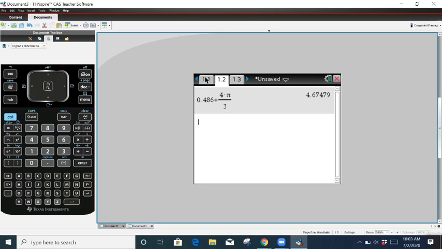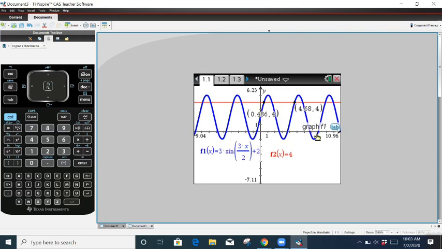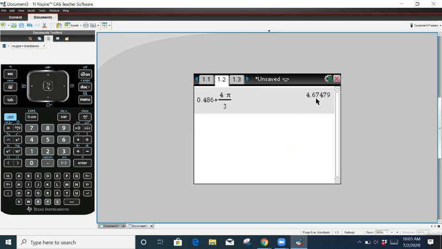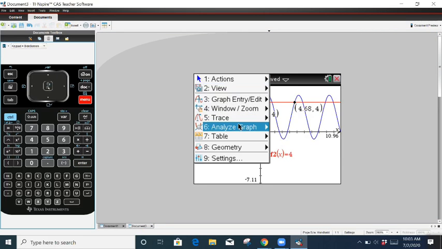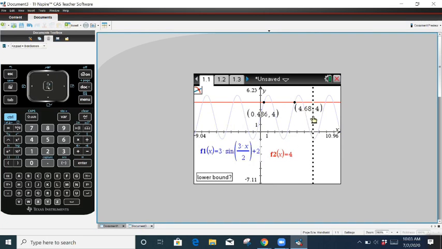I went to see where the blue graph intersected the red graph next, and I got 4.68, which was this, just rounded up. If I were to add 2 periods, I'd get 8.86, which means if I did analyze graph intersection and found that point, it would be 8.86.